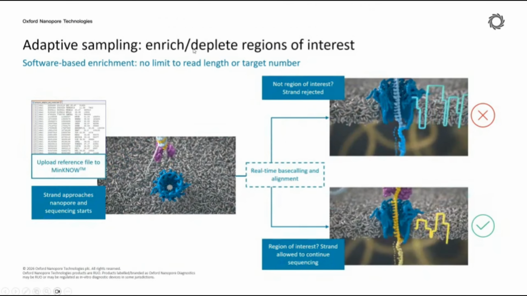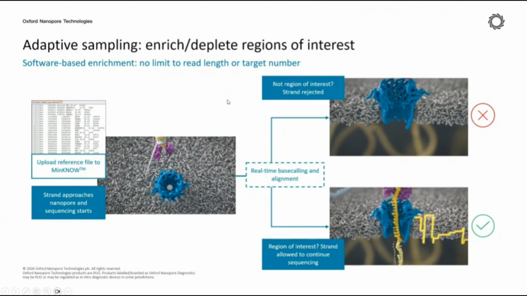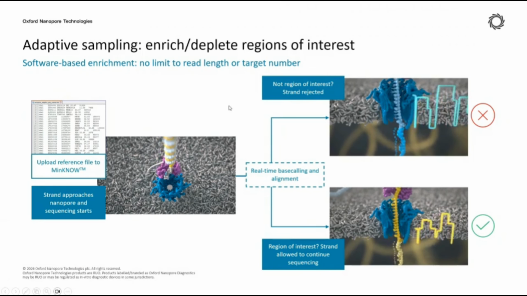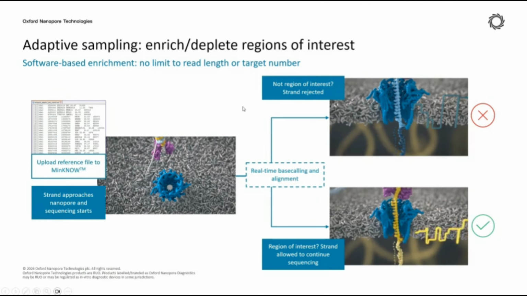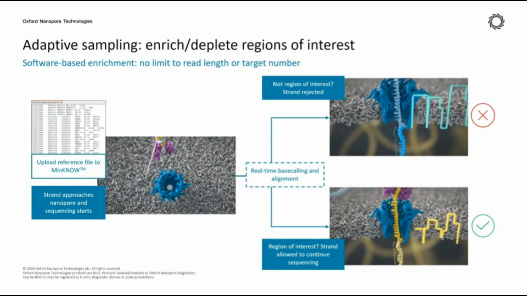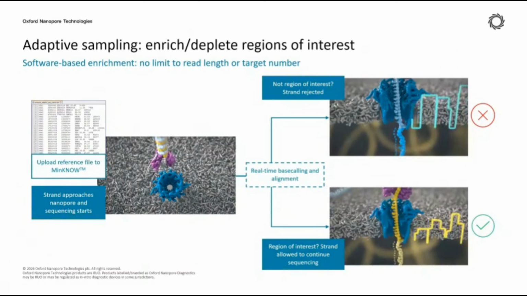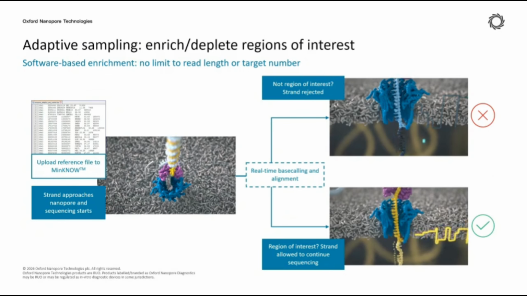Adaptive sampling is a way to enrich or deplete based on our regions of interest. A sample might be the full genome of an organism, but we might not need to sequence everything to get the information that we want. So how do we target certain regions that we are interested in?